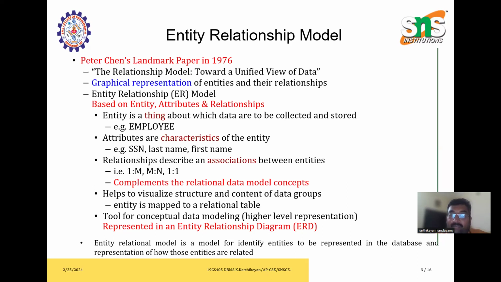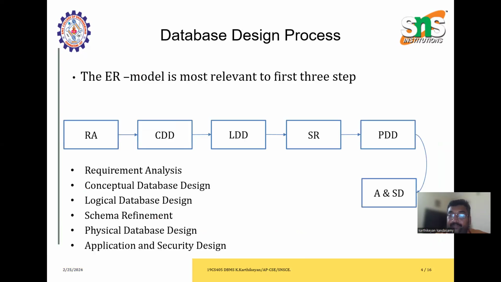The complete relationship data model concepts help to visualize the structure and content of the data. An entity is mapped to a relationship table, a tool for conceptual data modeling and higher level representation, and represents an entity relationship diagram based on your conditions. The entity relationship model identifies entities to represent the database and represents how those entities are related.